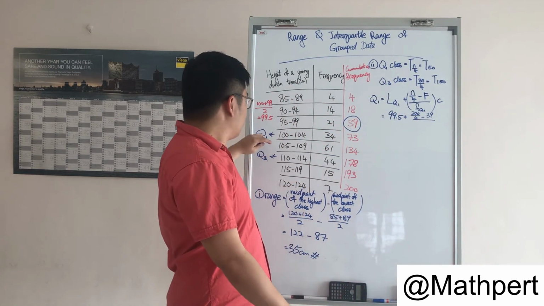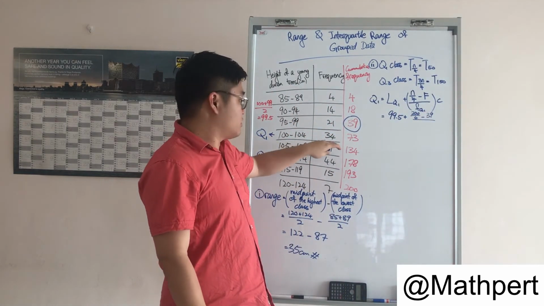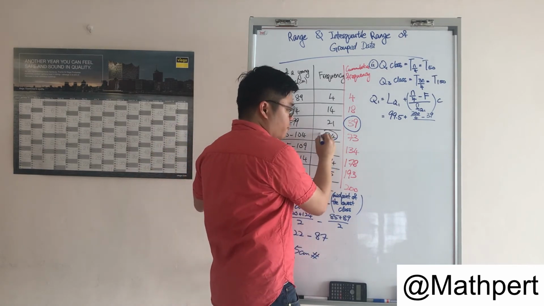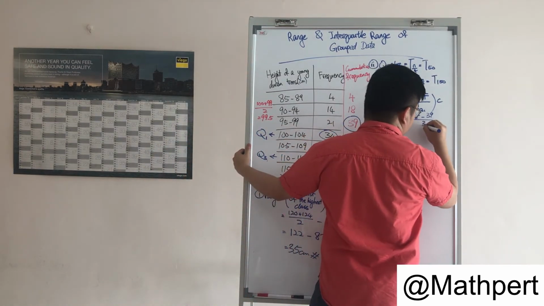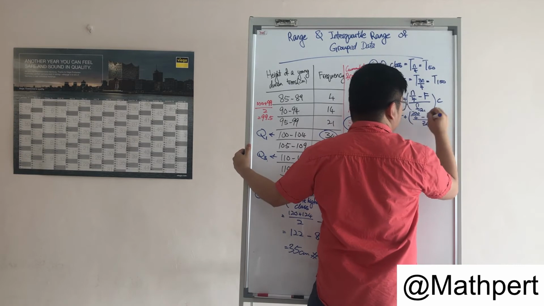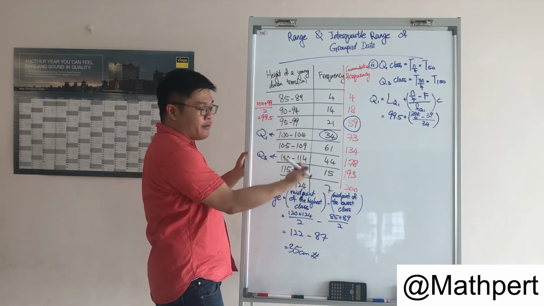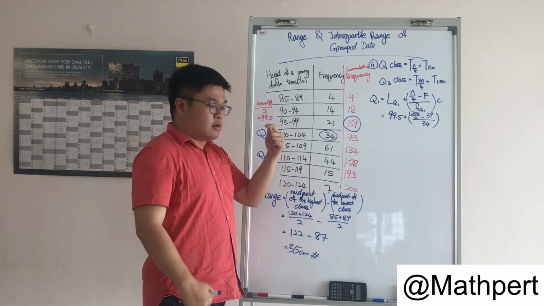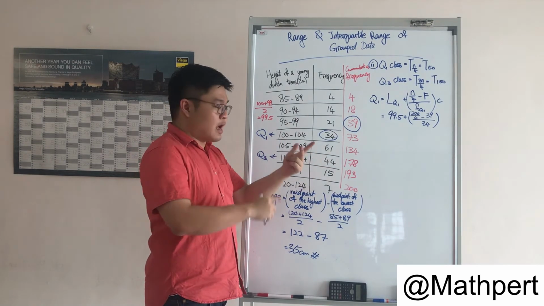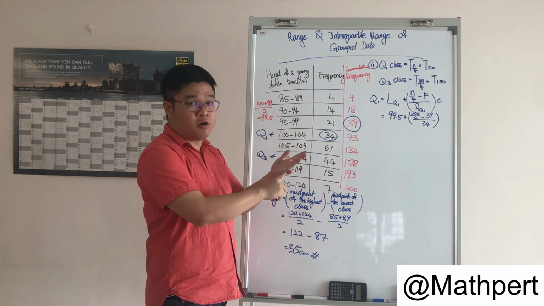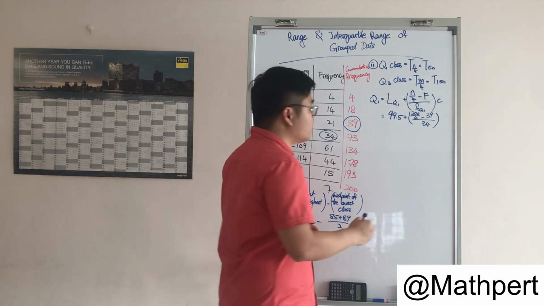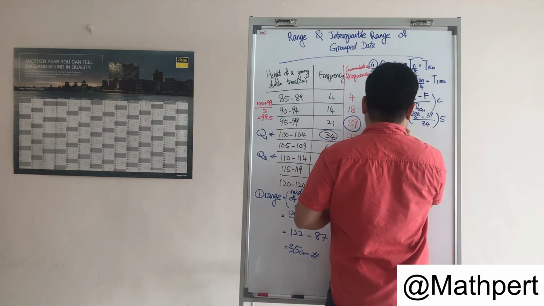FQ1 is the frequency of the Q1 class, meaning this one, 34. Multiply by C. C is the class size: 100, 101, 102, 103, 104. So the class size is 5. Multiply by 5.